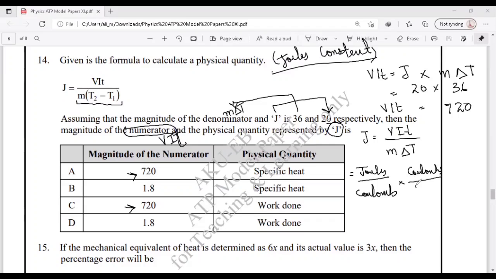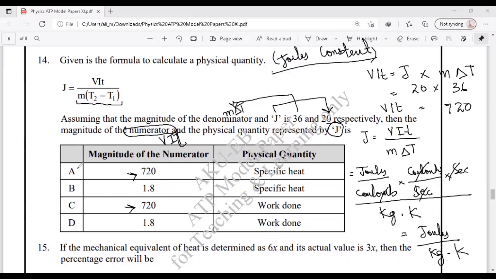per second, and this time is measured in seconds, divided by m delta T. M is measured in kilograms, and the temperature is in Kelvin. So the coulomb and seconds will be cancelled out. So we will get joules per kg Kelvin.